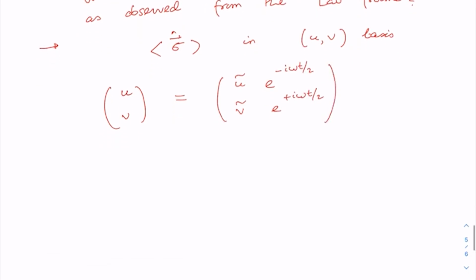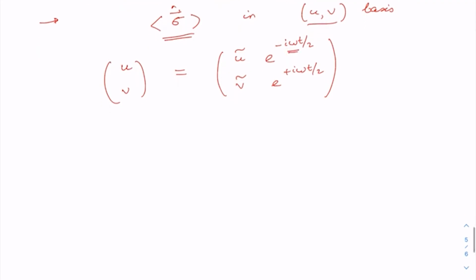Because of this, when we calculate the expectation value of the Pauli vector in this basis, we see that the Bloch vector will rotate, or precess, with angle omega t in the xy plane.